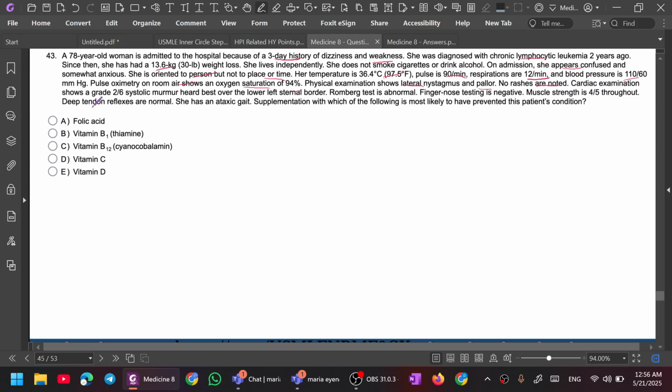Cardiac examination shows a 2/6 murmur, heard best over the lower left sternal border. Romberg's test is abnormal. Finger nose testing is negative. Muscle strength is 4/5 throughout. Deep tendon reflexes are normal. She has an ataxic gait. Supplementation with which of the following most likely prevented this patient's condition?